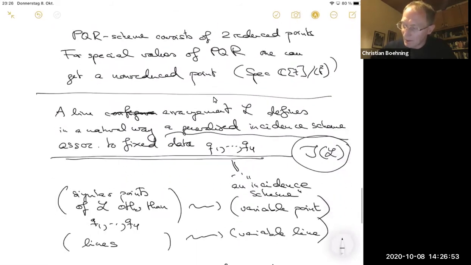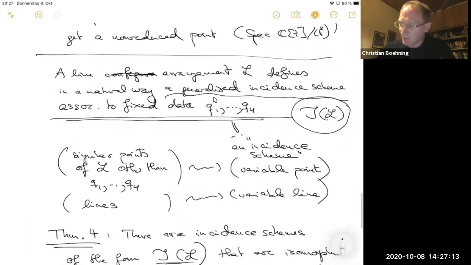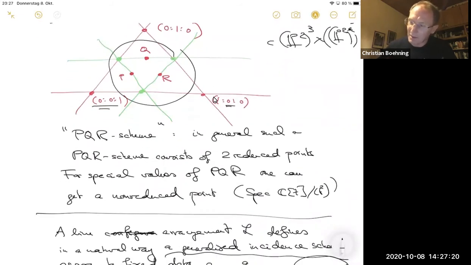To get to that scenario, you need to choose PQR carefully at the outset, and they must be a little more complicated than the simplest examples you can think of. That's where it's important to find PQR of reasonably large height, the complexity of their coordinates, where they must not be too simple.